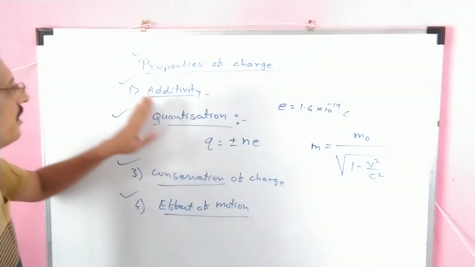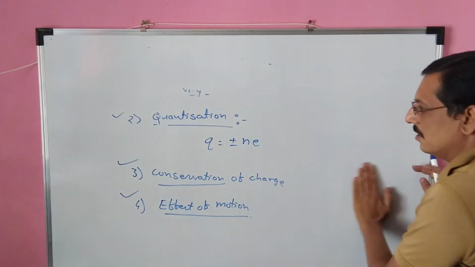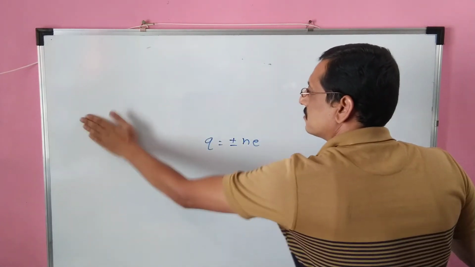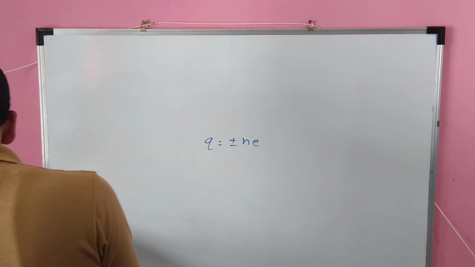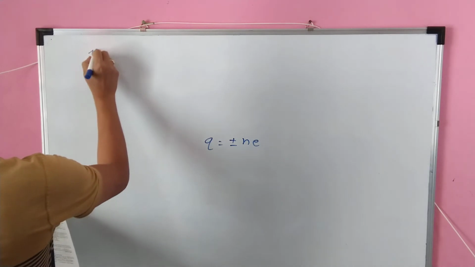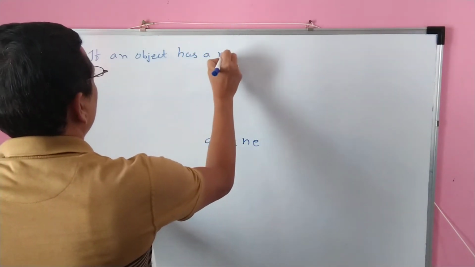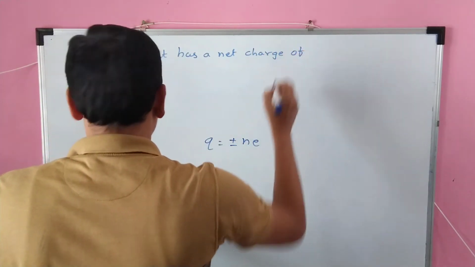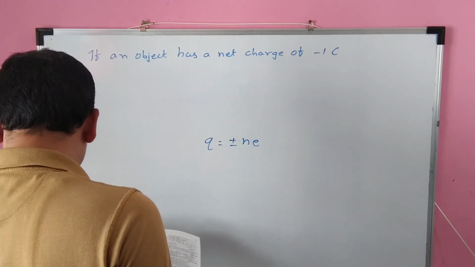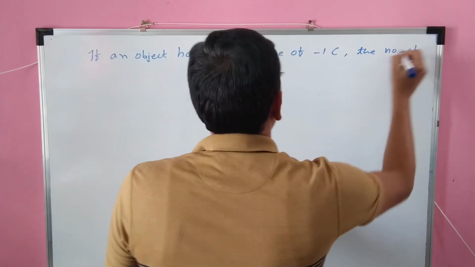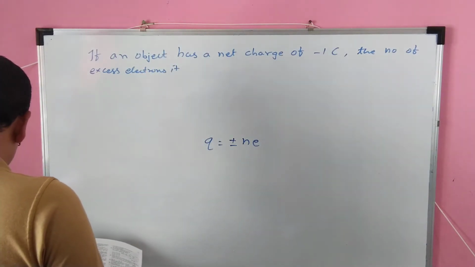There is only one formula we have studied, and that formula is Q equals N into E. Let's check what the numerical says: if an object has a net charge of minus 1 coulomb, the number of excess electrons it possesses is.